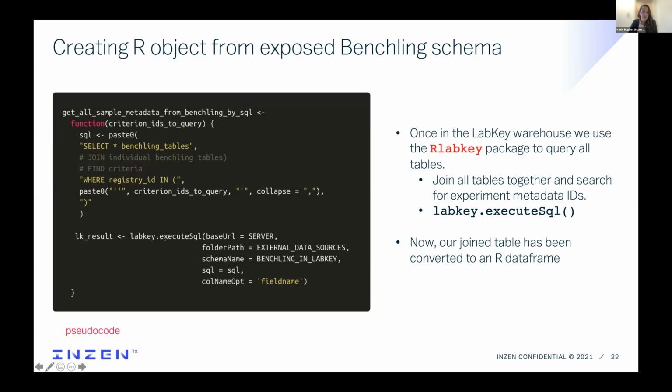And then we're going to call execute SQL from the LabKey API. And here is where we'll enter our Inzen TX server. Here's where we'll enter our specific folder path. So we have a folder called external data sources. And then finally, we'll enter our specific schema name, which we will call Benchling in LabKey.